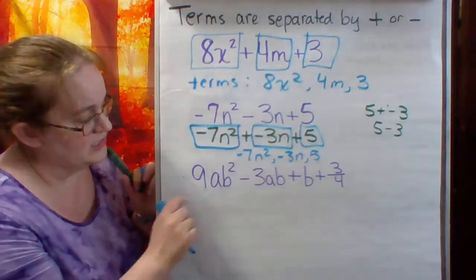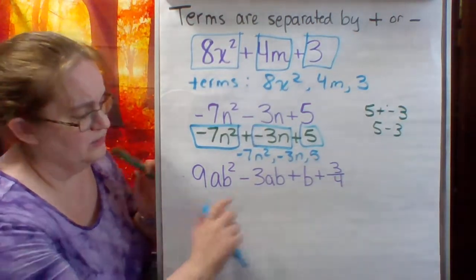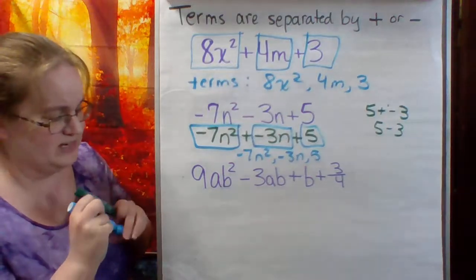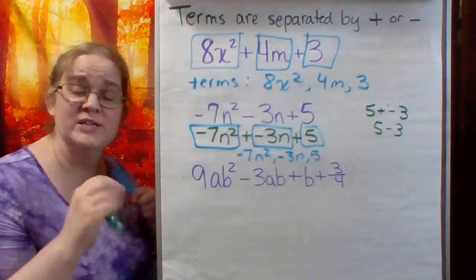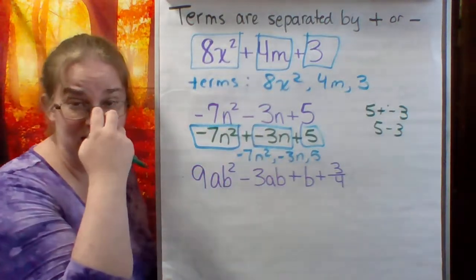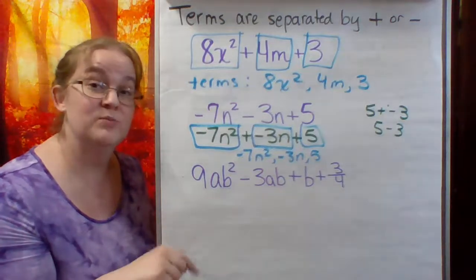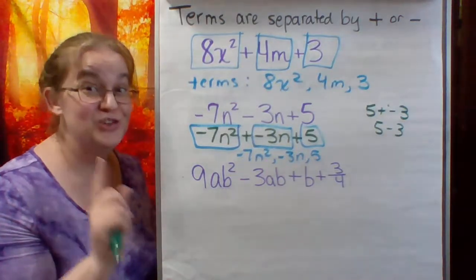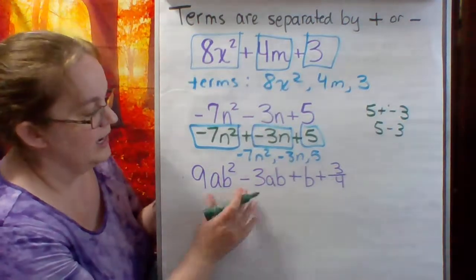Okay. Looking at this next example, again, I would go ahead and rewrite this so that my subtraction signs are plus a negative. One of the main reasons, besides making sure that we get the negative sign where we need it to, is that you don't have a commutative property of subtraction, but you do have a commutative property of addition, which means you can change the order that you add in.